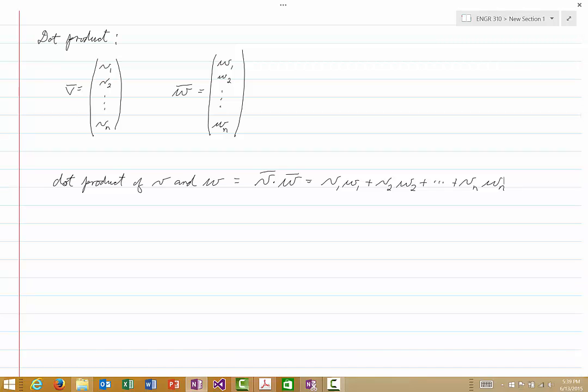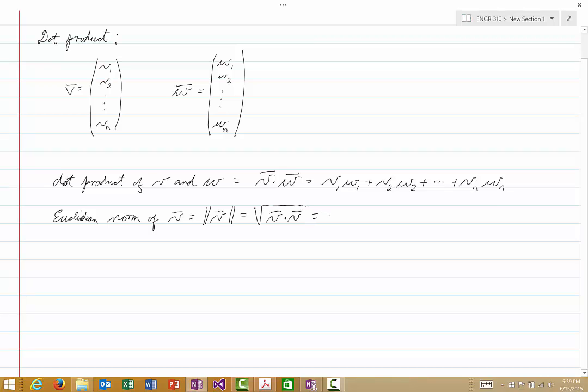Now, there are some interesting related ideas here. Let's define the Euclidean norm of a vector v. The Euclidean norm of v is denoted frequently like this, with v with two bars on either side of it, and it is equal to the square root of v dotted with itself.